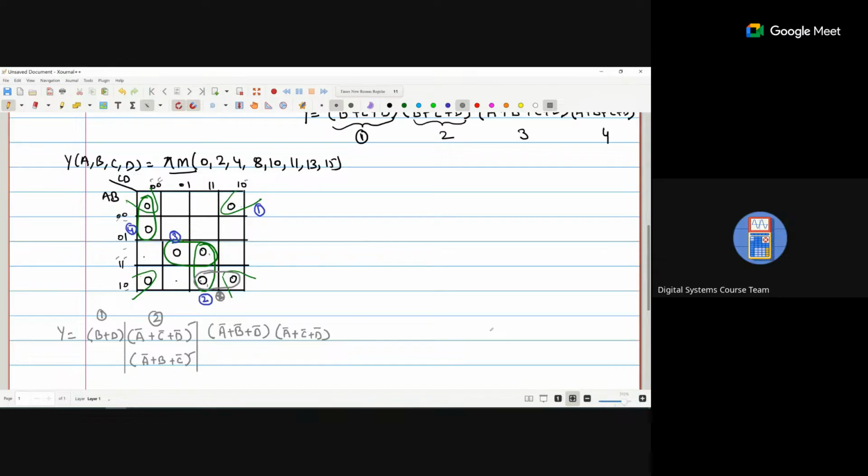bar. Okay, but your option will be asking about the SOP. So what should I do? Just take the reverse of this one.